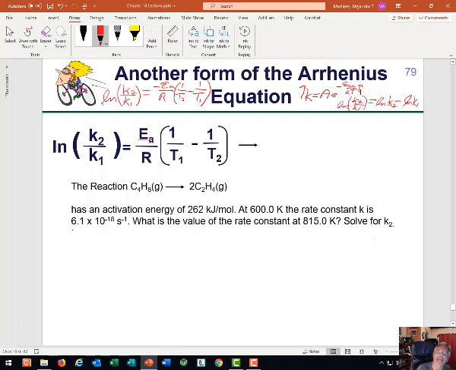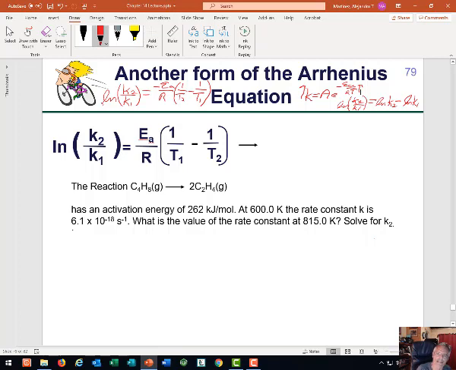Now we can compare two different rate constants by simply subtracting the natural log of the rate constant for a reaction at one temperature minus the rate constant for the reaction at the other. Using log rules, that gives us the log of K2 over K1.